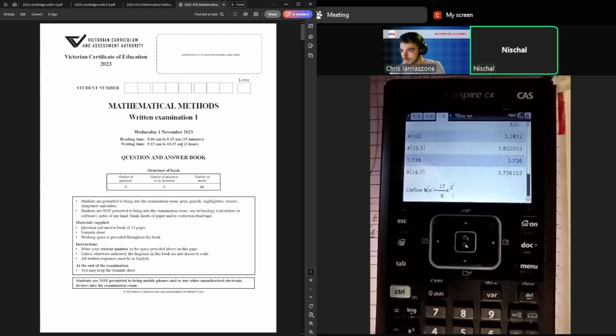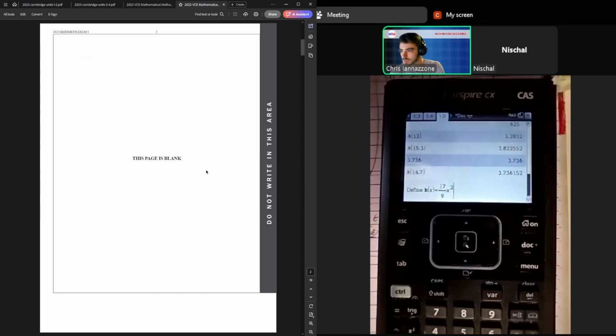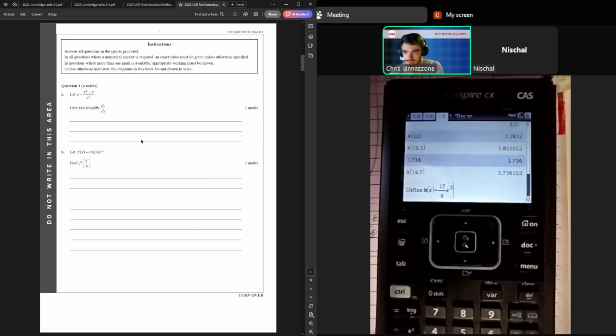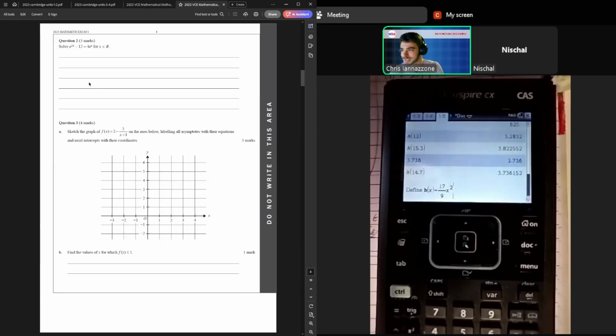So exam one, you've got 15 minutes reading time. It's 9 total questions, and the kinds of questions you get are very stock standard. This page will pretty much always look the same. The numbers will change around, but it'll still be this exact kind of question. Question two is a slight bit of a wild card.